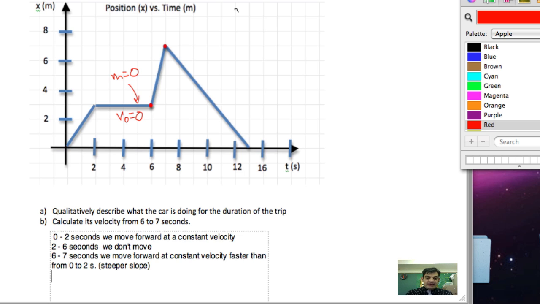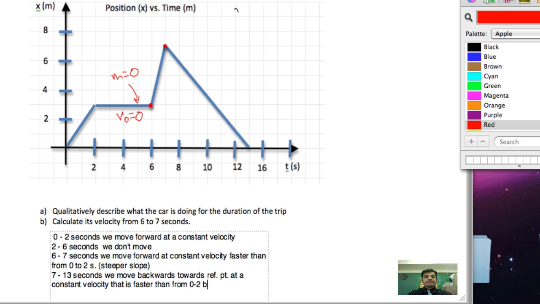My bad. And from 7 to 13 seconds, what actually happens is we move, sorry about that. From 7 to 13 seconds, we move backwards towards the reference point at a constant velocity that is faster than from 0 to 2.